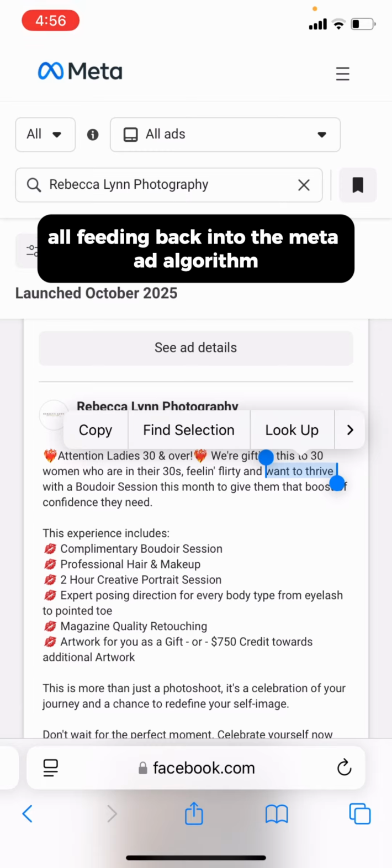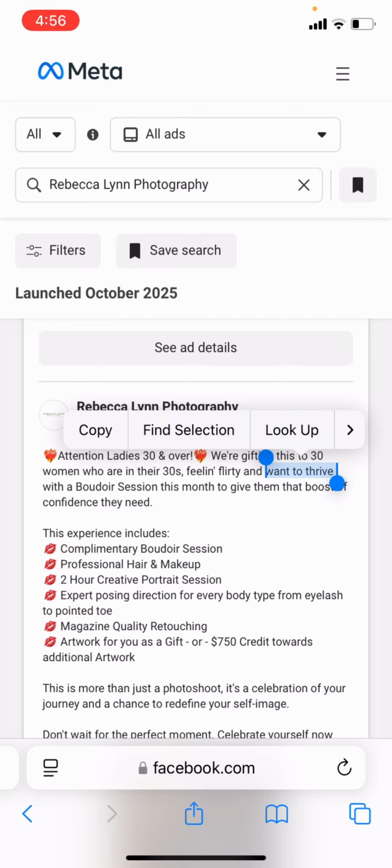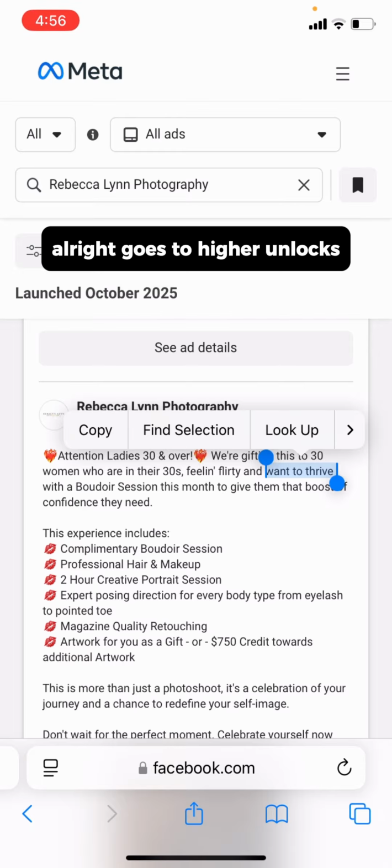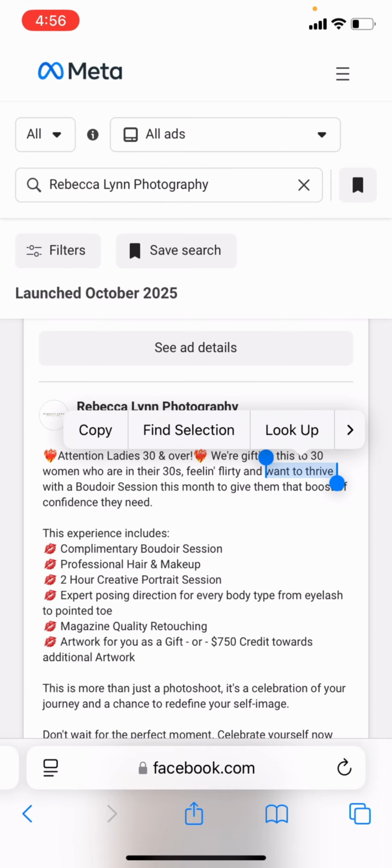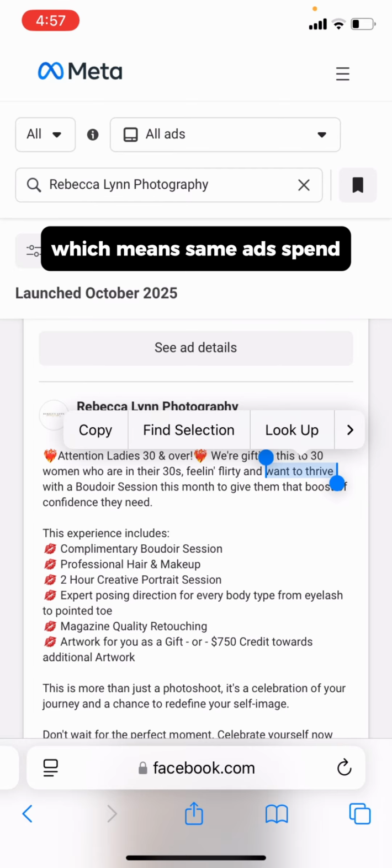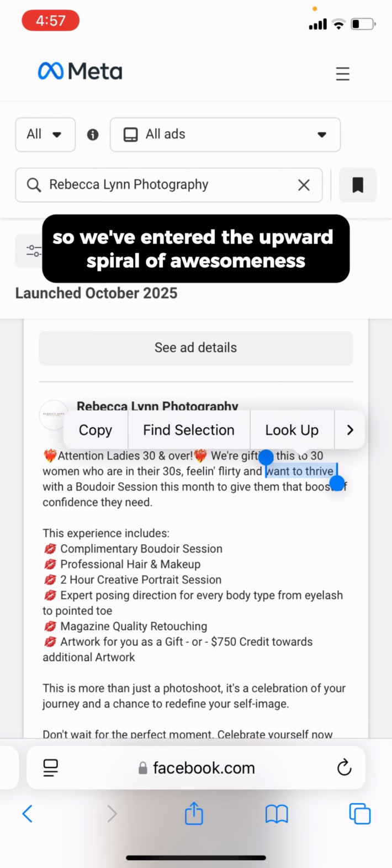All feeding back into the Meta ad algorithm. Our ad unlocks higher tier Meta profiles that have a higher chance of converting off rip, which means same ad spend, better results. So we've entered the upward spiral of awesomeness. Ad sustains and scales, scale the business.